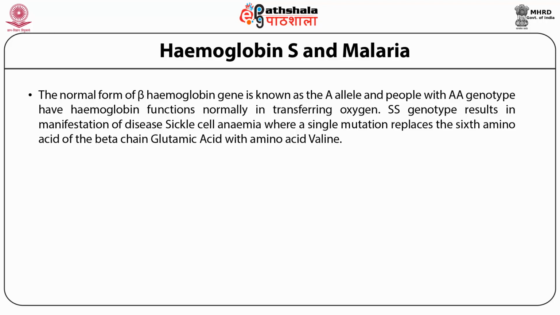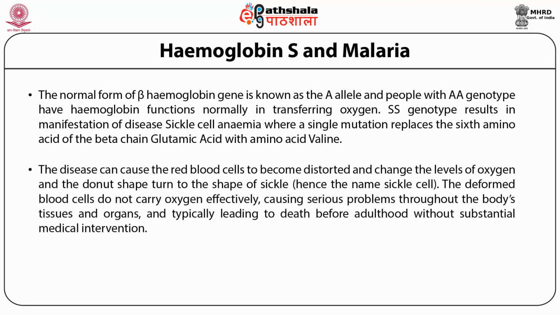In this condition, a single mutation replaces the 6th amino acid of the beta chain, glutamic acid, with the amino acid valine. The disease causes the red blood cell to become distorted and, as the level of oxygen changes, the donut shape turns into the shape of a sickle.